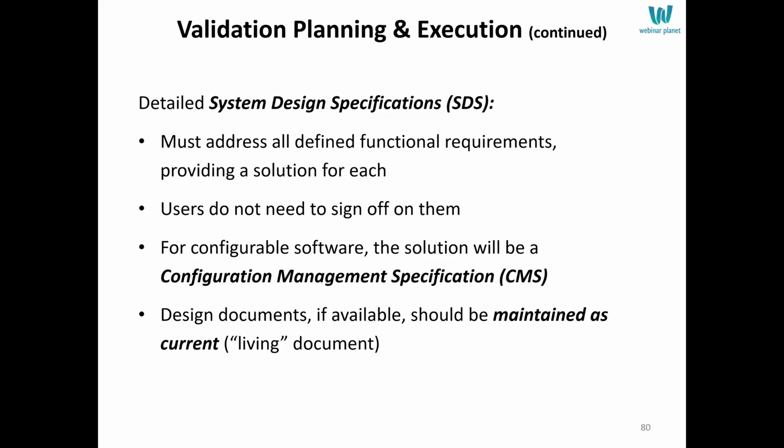In the detailed system design spec, again, this is the solution to what the system purports to do. If it's coded software, it's a system design spec. If it's configurable functionality, it's a configuration management spec. You might have both if there's configurable functionality and custom code in a system. But in each case, these things should tell you how the system is solutioned, how the requirements are met.